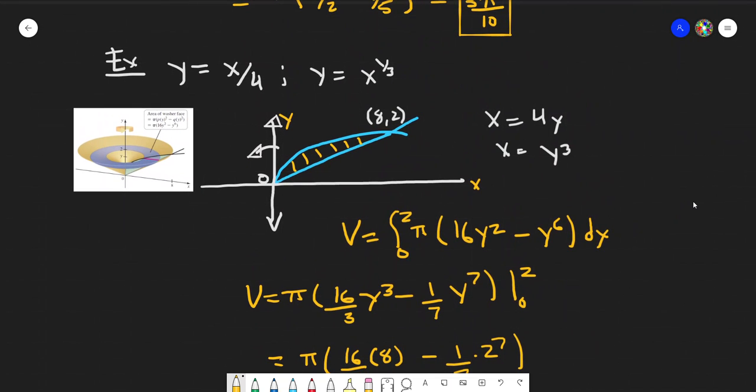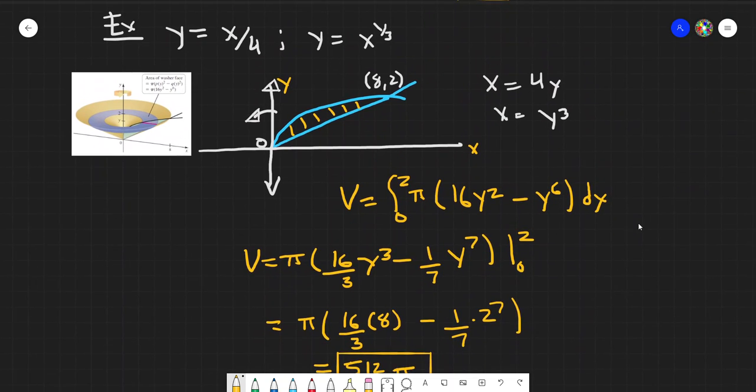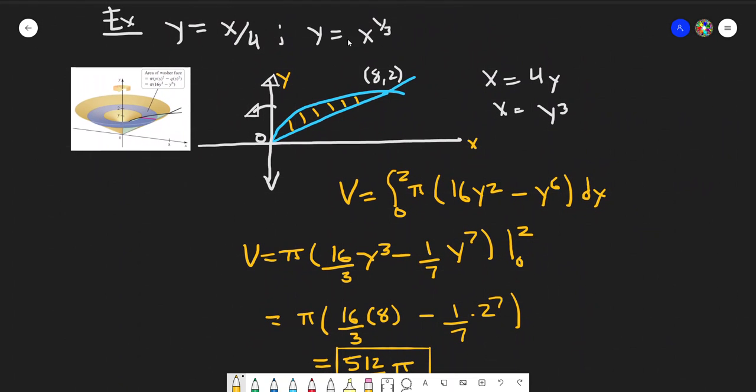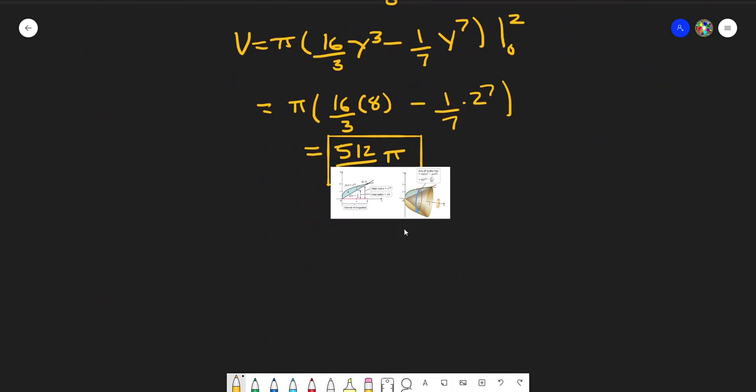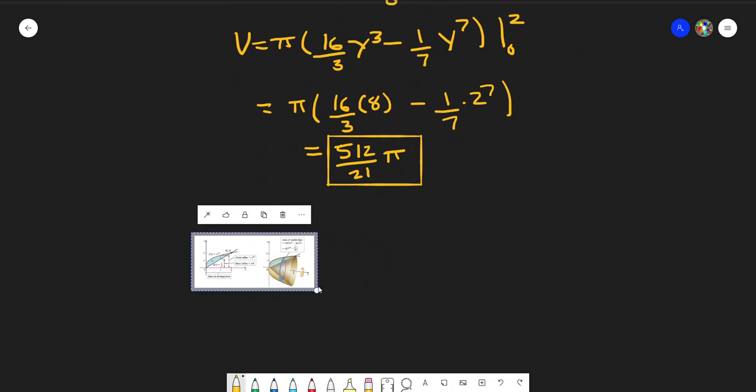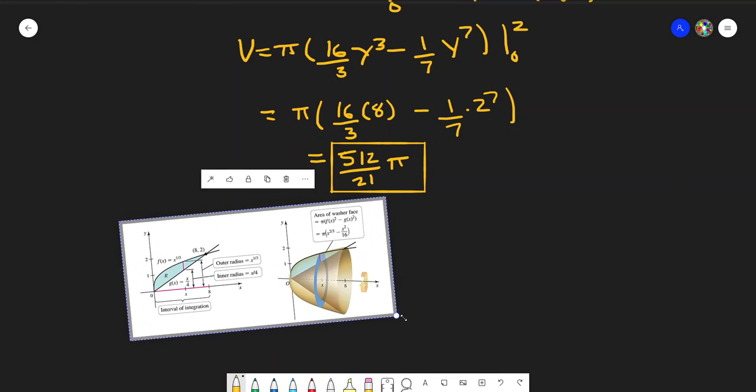Your integral would be pi times x to the 1/3 squared minus x divided by 4 squared.